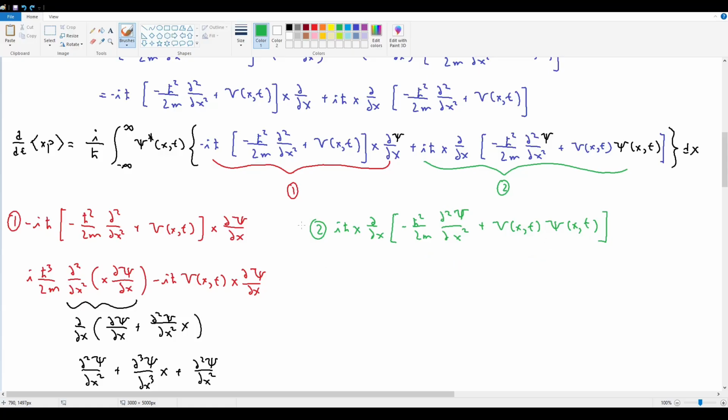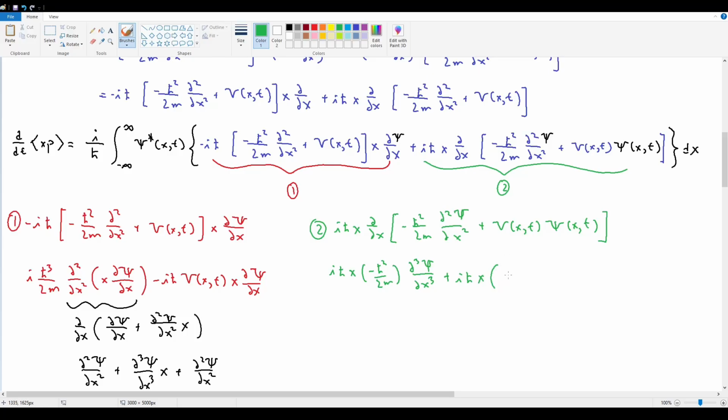So this is going to give us i h bar x negative h bar squared over 2m, and then d3 psi by dx cubed, and then plus i h bar x box prime times triangle.